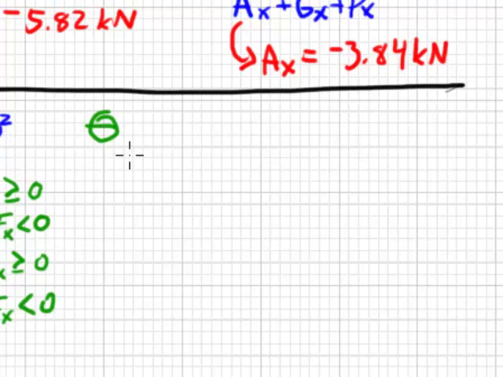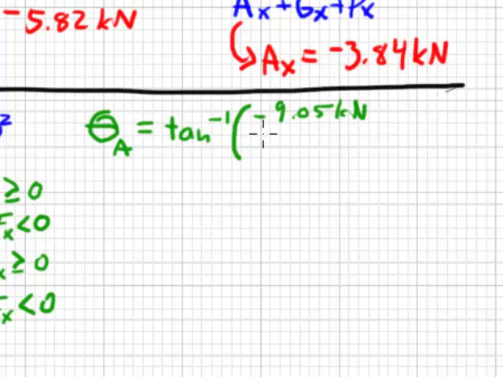Filling the values in, we have the inverse tangent of negative 9.05 kilonewtons over negative 3.84 kilonewtons. In this case, our calculator would cancel out the minus signs, leaving us with a first quadrant angle. But that's not what we have.